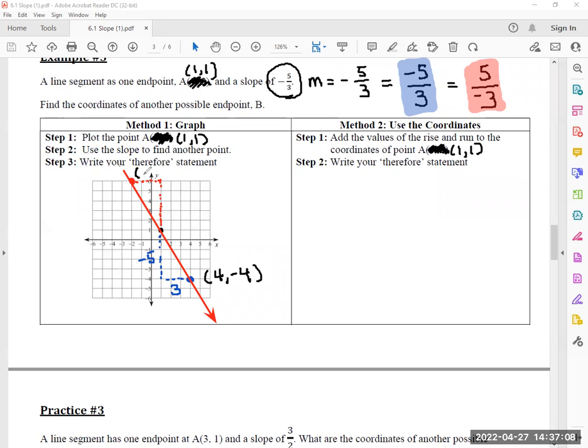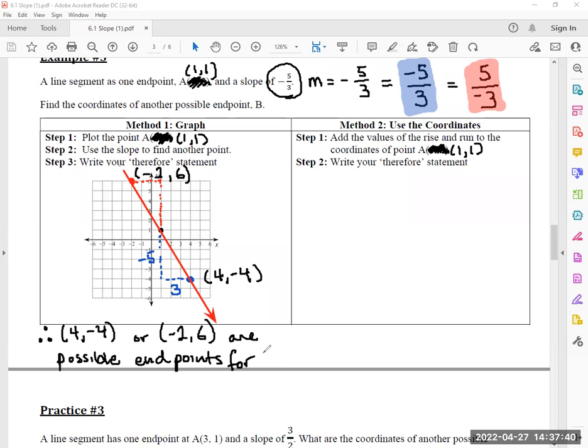I could also just as easily say that -2, 6 is one of those points, which means you say therefore 4, -4, or of course, -2, 6 are possible endpoints for B.